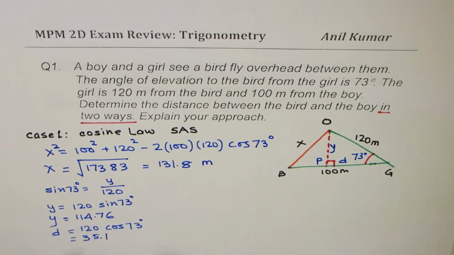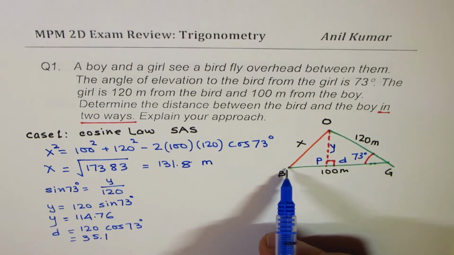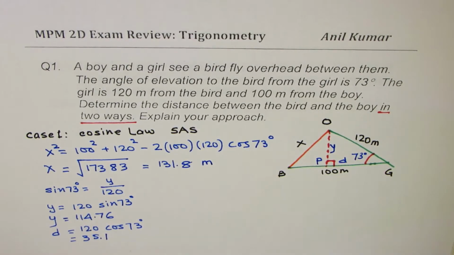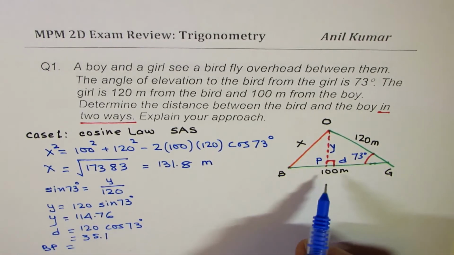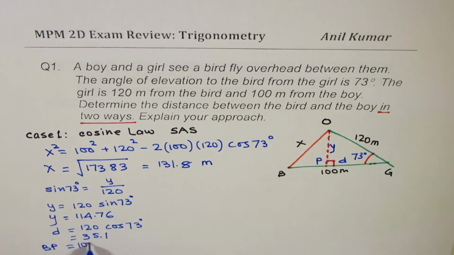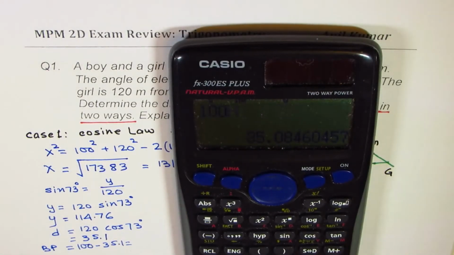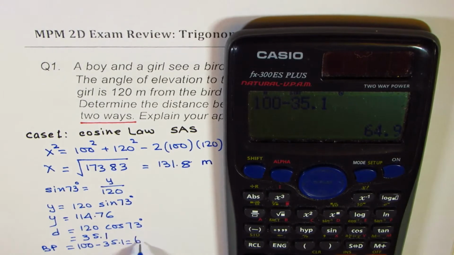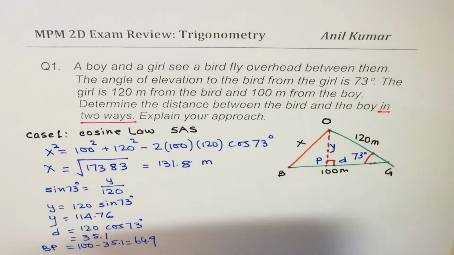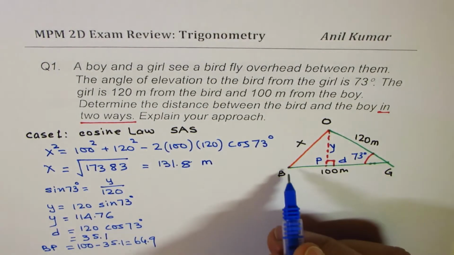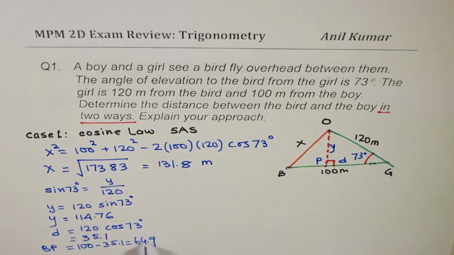So we have distance D, and therefore we can find what PB is. PB, let's find P to B, which is 100 minus 35.1. It gives us 64.9. So we know this, 64.9.